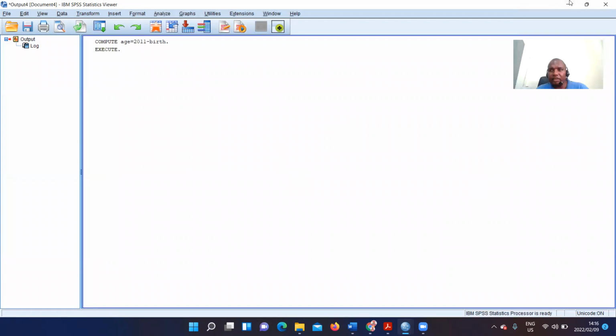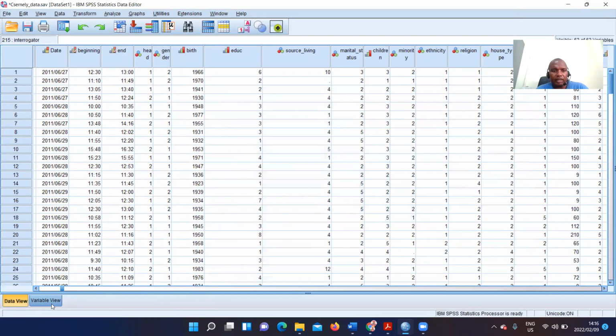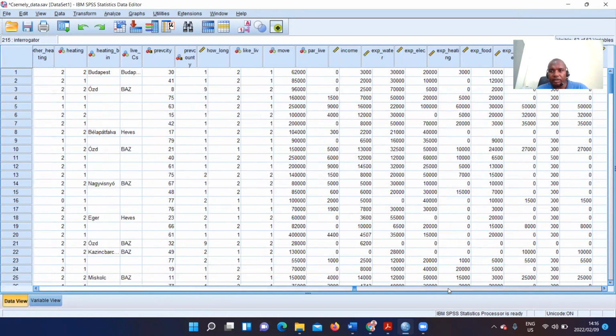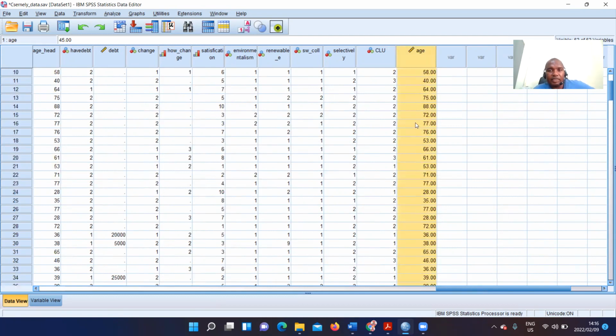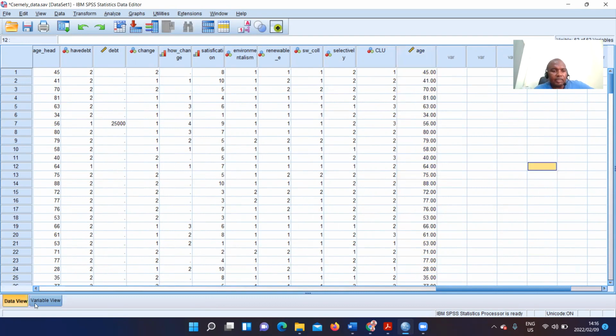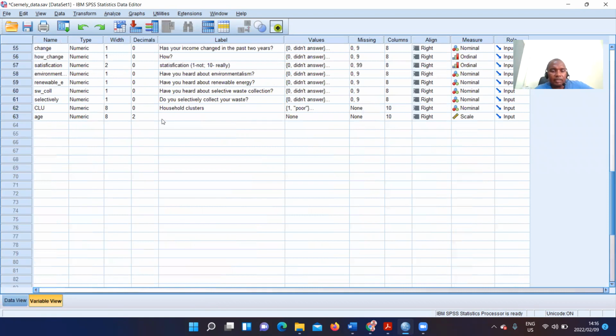If you check, the results are displayed in the last column as a scale variable. The calculation has been done. As you can see, the last column now displays the age. And automatically under the variable view, we now have row number 63 of age, which is a numeric variable.